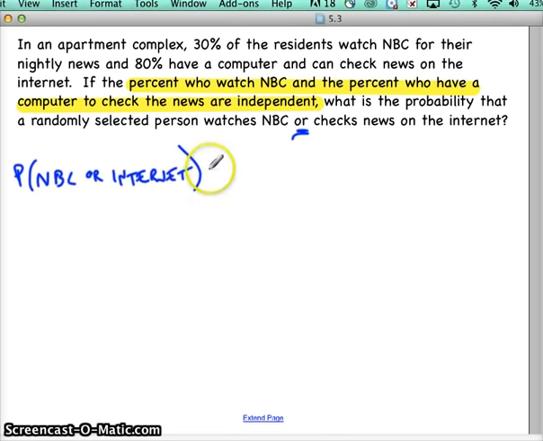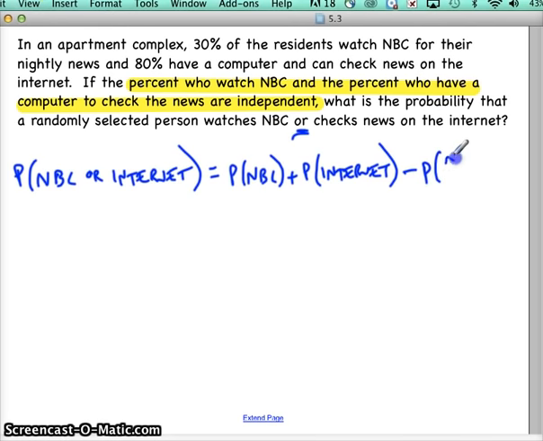Okay, so when we have an or problem, we add the probabilities up. So we would take the probability of NBC plus the probability of internet. And if there was any overlap, then we would have to subtract off the overlap, which would be the probability of NBC and internet.